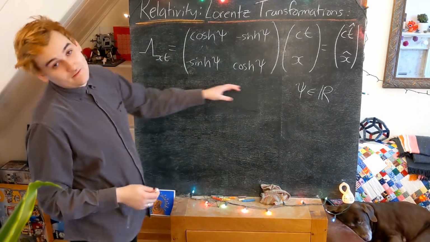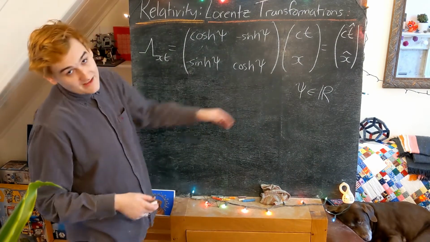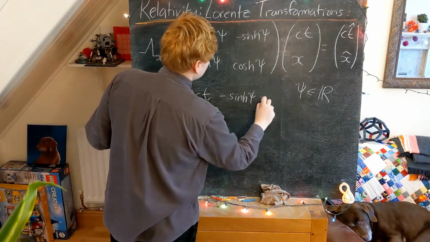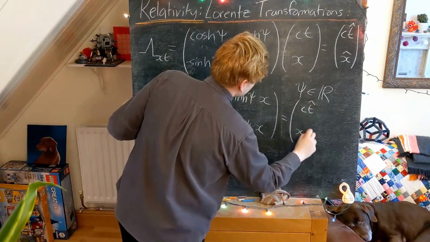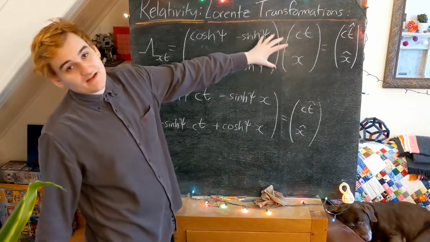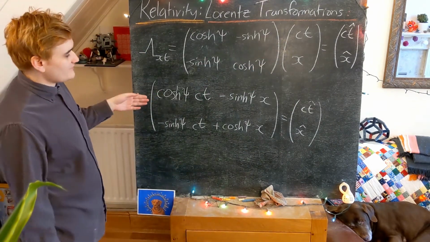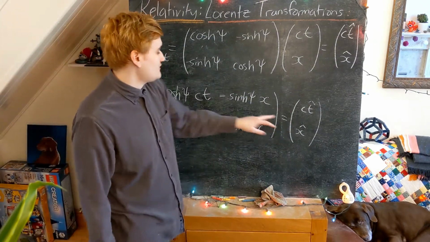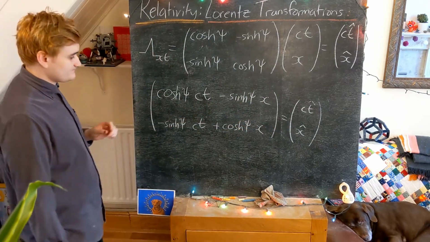Let me write out in full this matrix multiplication so we can see what's happening. Okay, simply multiplying this matrix and vector together, we get the following vector, which gives our new coordinates in terms of the old coordinates.